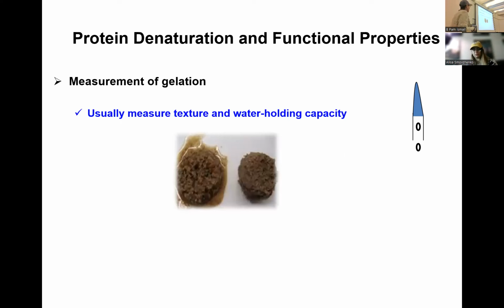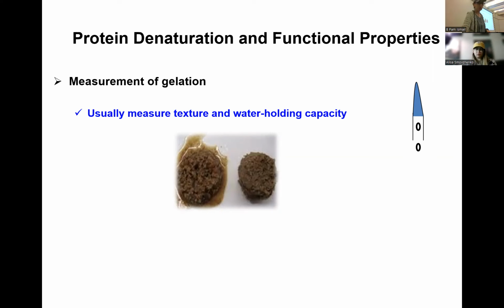You can do it in actual food products to look at the water holding capacity. This is a beef patty. This is without adding whey protein, and here is adding whey protein. The addition of whey protein helps with holding water and preventing this loss of water and actually loss of fat during cooking.